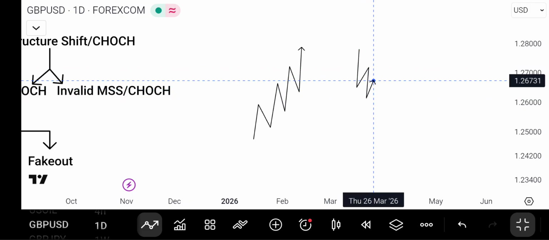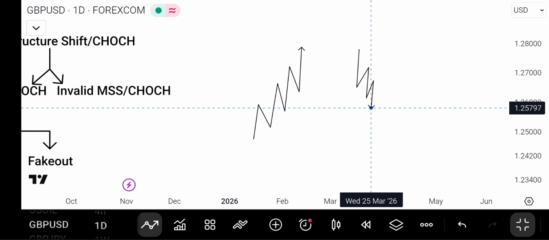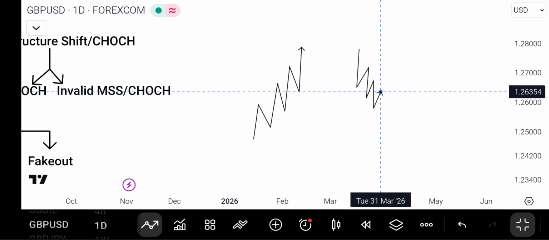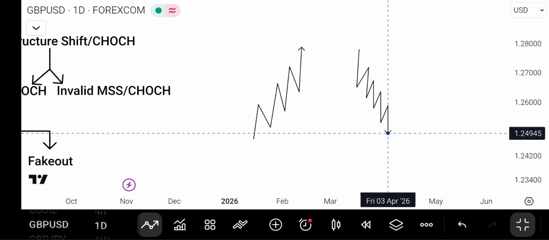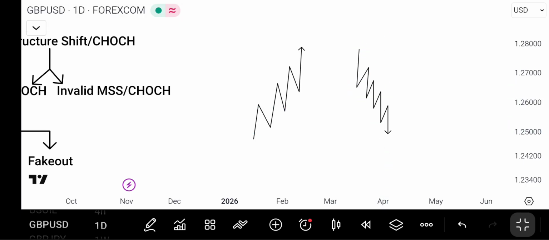Lower highs, lower lows, lower highs, lower lows. This is two types of market structure.